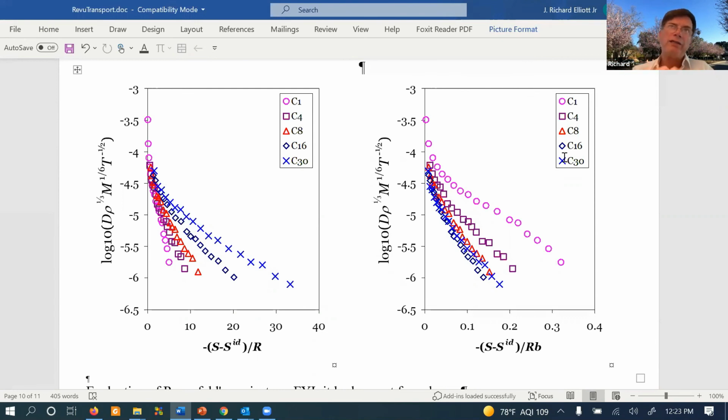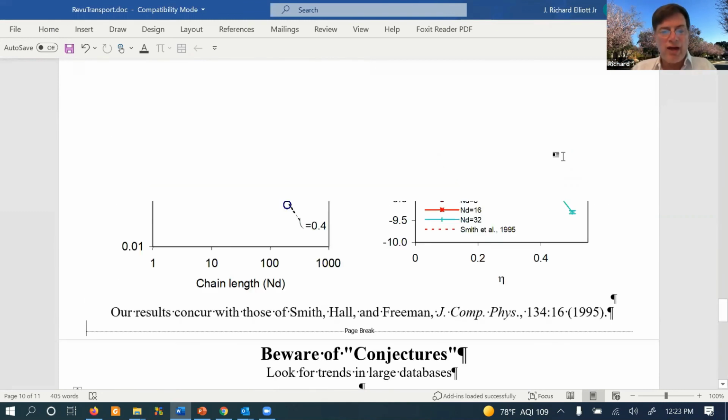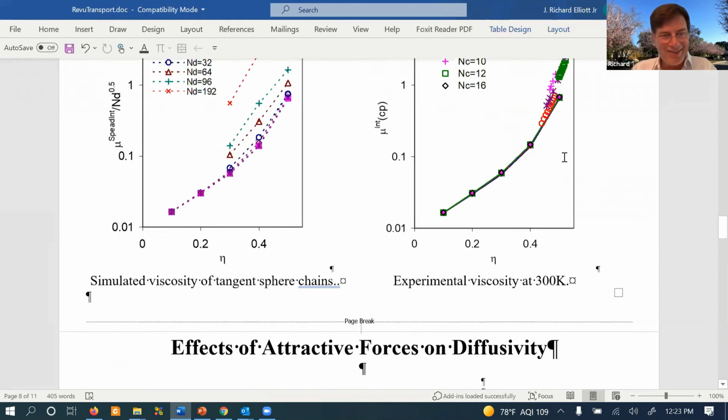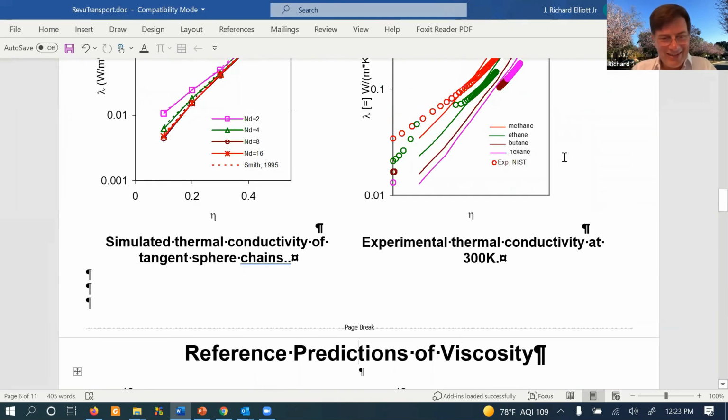And I said, okay, well, that's going to come out of the correlation with respect to the attractive effects. And do I have a slide on that? We're digging through some old slides here.